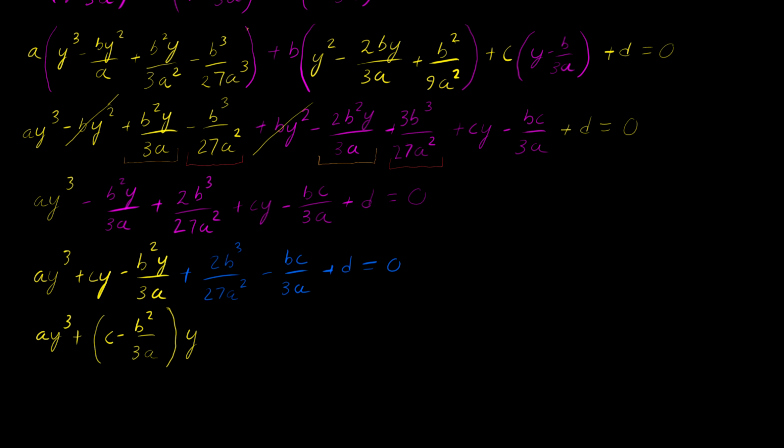And then we've got everything left over, and I'm going to put it in parentheses. So it's 2b cubed over 27a squared minus bc over 3a plus d is equal to 0.